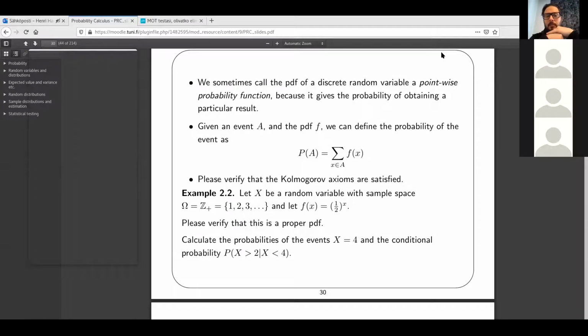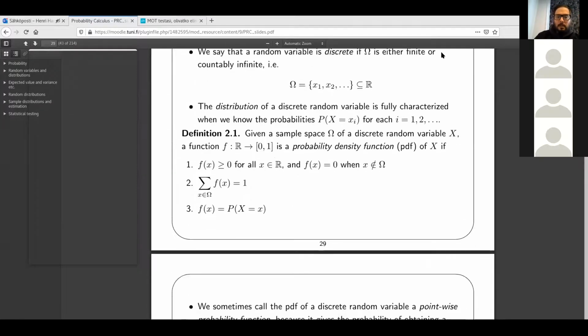I'd say here, please verify that the Kolmogorov axioms are satisfied. It's fairly simple to do this. I mean, these guarantee this because they add to 1. Obviously, it's between 0 and 1. It's non-negative, so obviously any sum in that situation is non-negative, between 0 and 1.